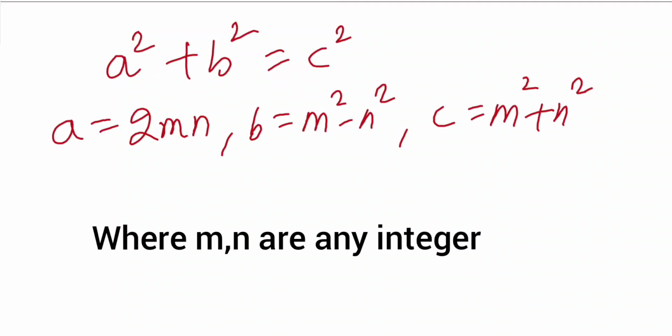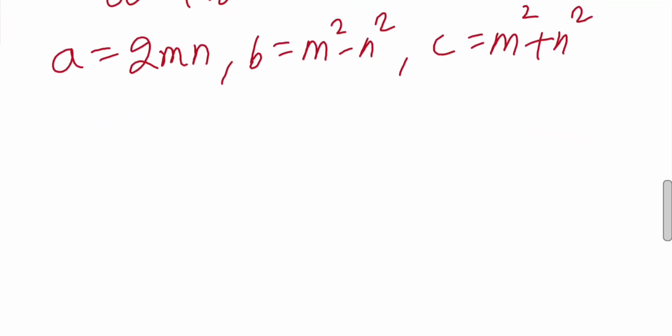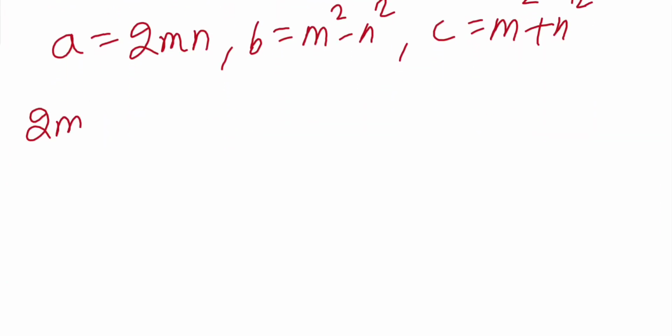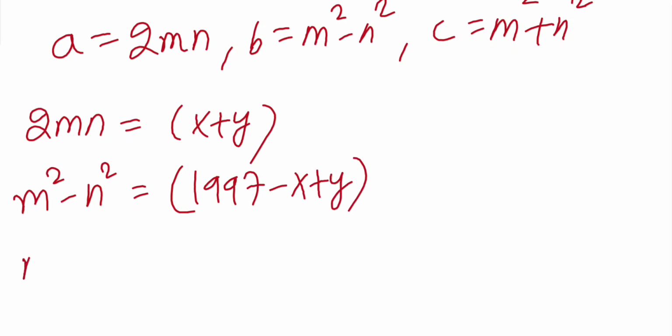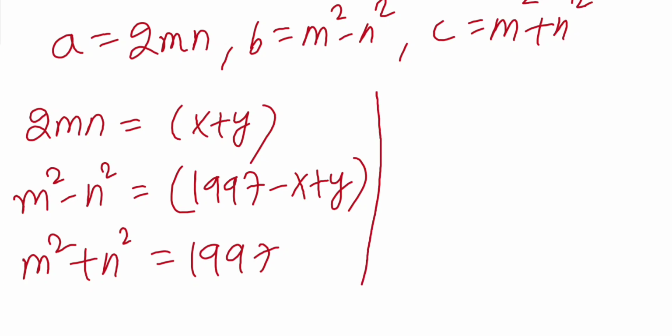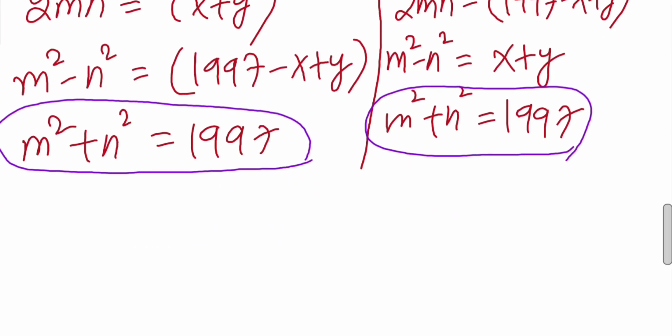If I compare this with my equation, I can say that 2mn is maybe x plus y, m square minus n square is 1997 minus x plus y, and m square plus n square is 1997. Or I can have the opposite, where 2mn can be the other term. So let's solve this equation. This is the same in both cases.